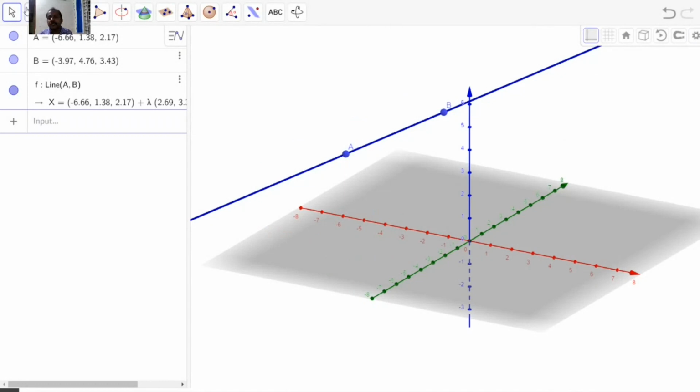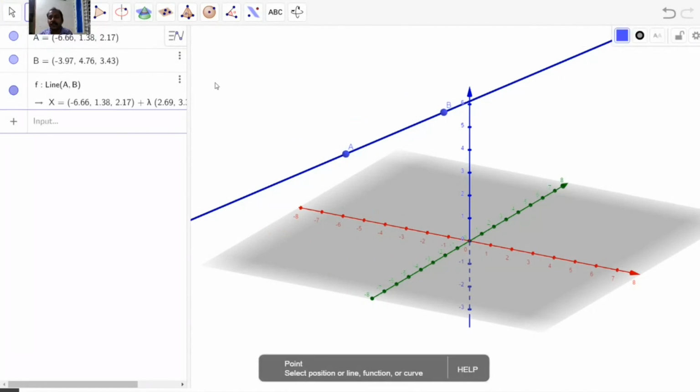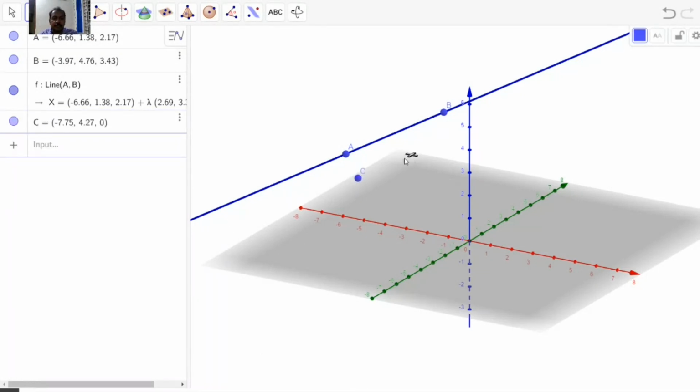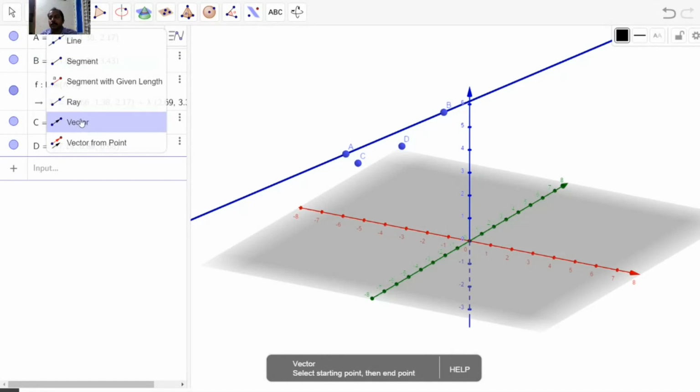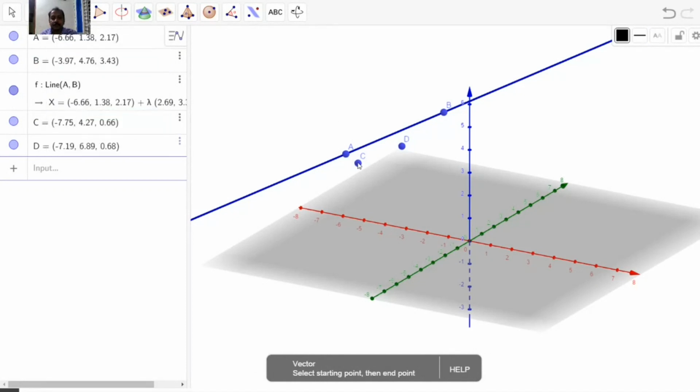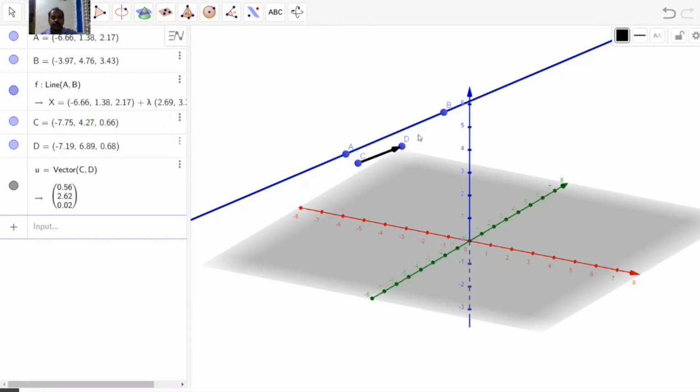Now consider two more points to construct a vector parallel to these 2, a vector joining these 2.